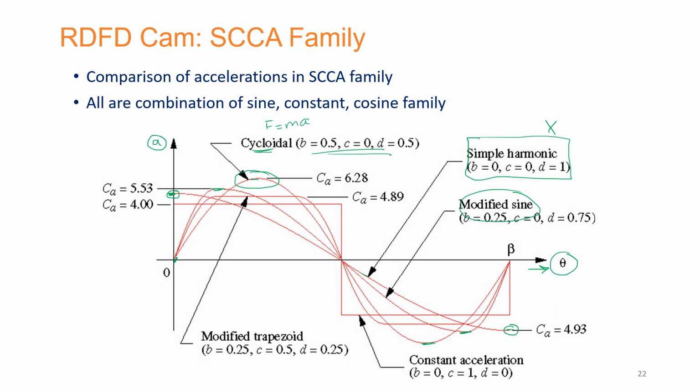But if you compare it with the modified trapezoidal, you can see that the modified trapezoidal has got the maximum acceleration to be a bit lower than the modified sine as well. So that's one advantage given to the modified trapezoid.